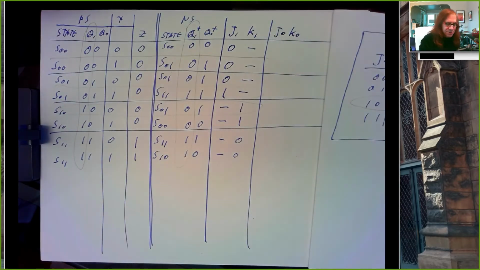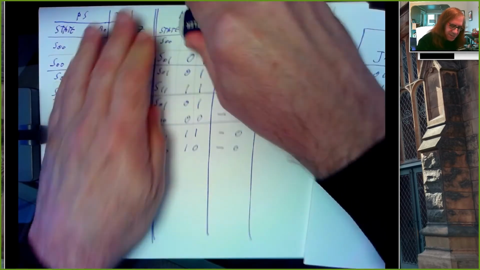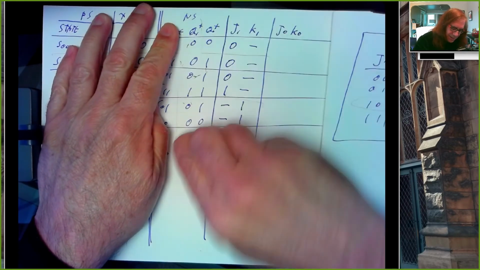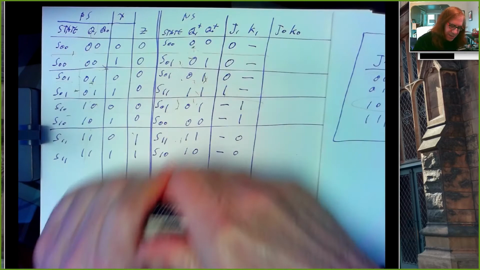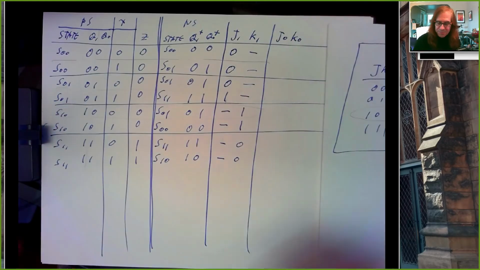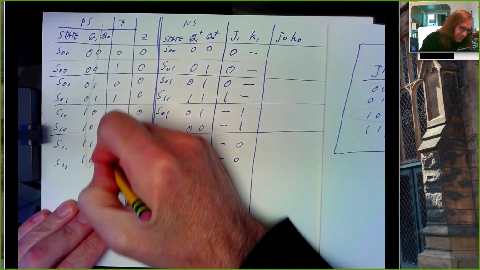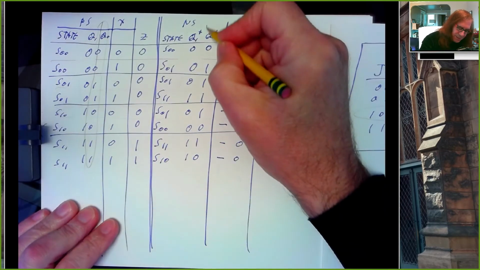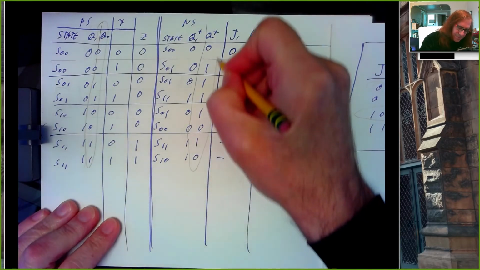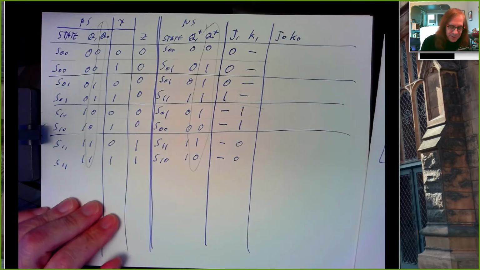All right, so let's go on to J0, K0, and I'll show you a trick, and you'll see this in the book, and I don't want you to get bogged down by this. If it doesn't make sense, you don't need to do what I'm going to describe, but it can save us some time. So we're going to do J0, K0, right?